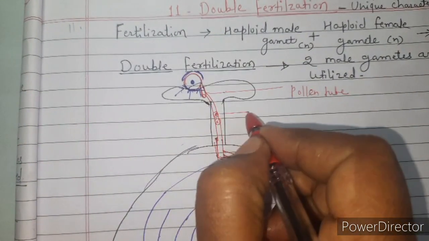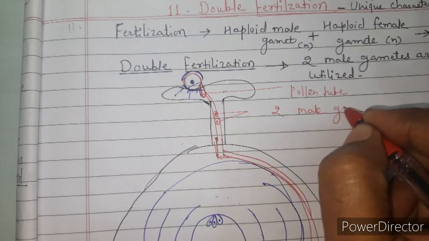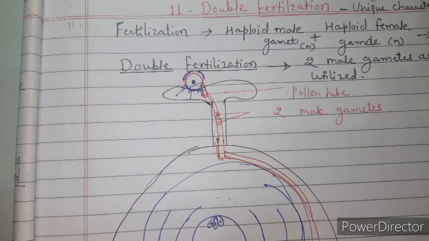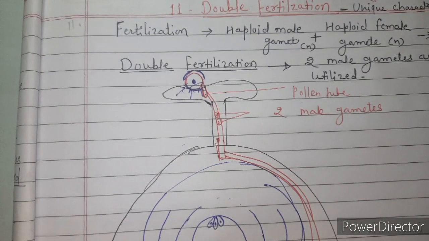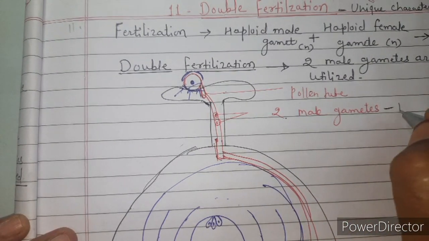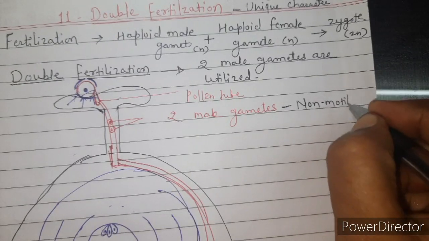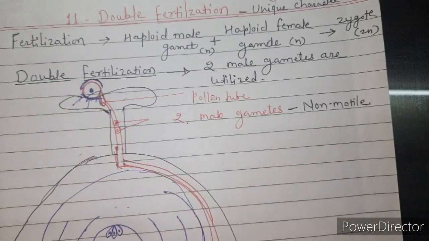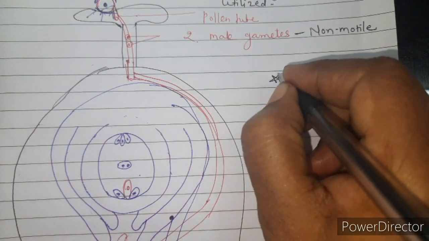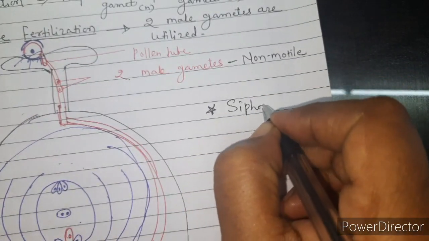See here, these are two male gametes. So, these male gametes enter the pollen tube. Actually the male gametes are non-motile, so non-motile male gametes are transferred by the pollen tube. This is called siphonogamy. So, what is siphonogamy?